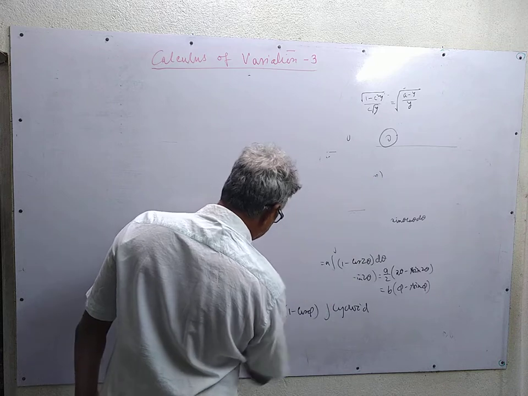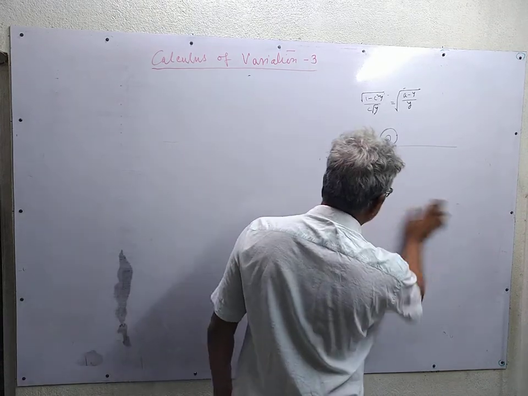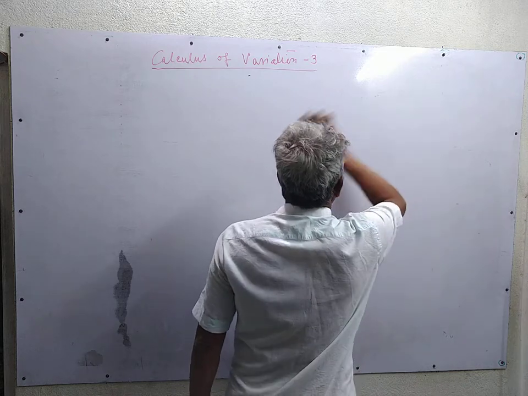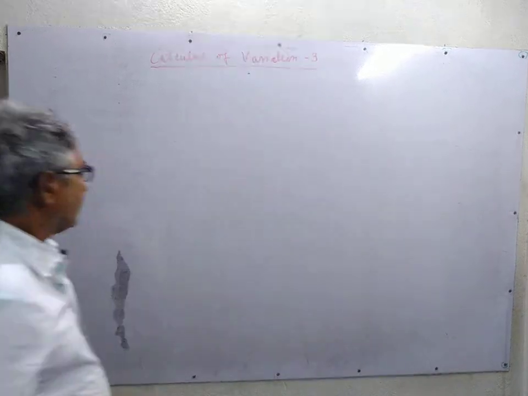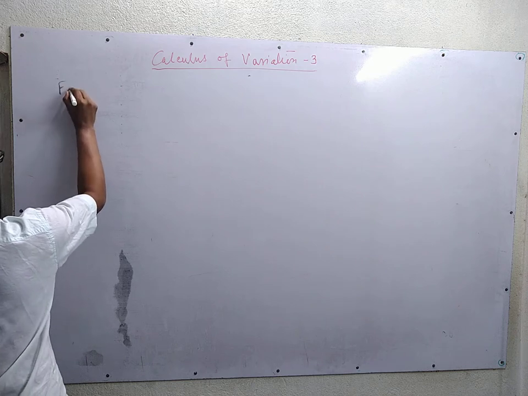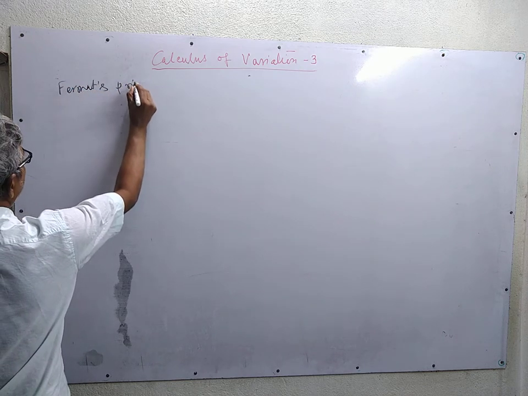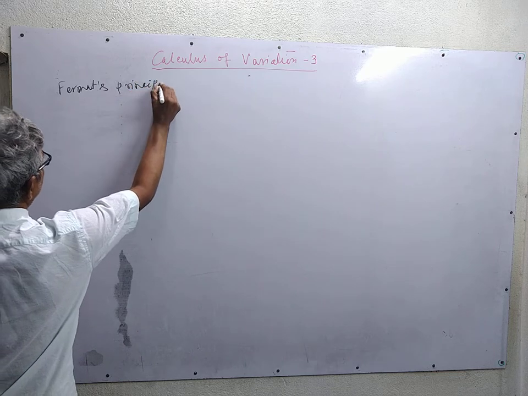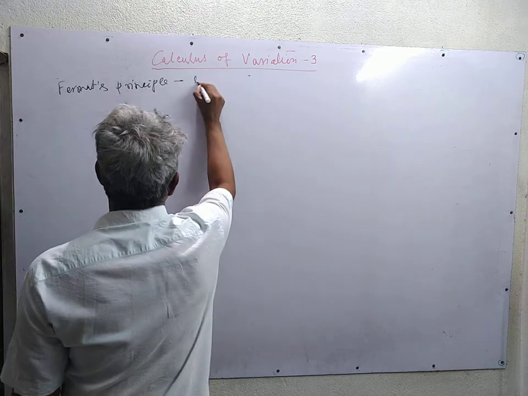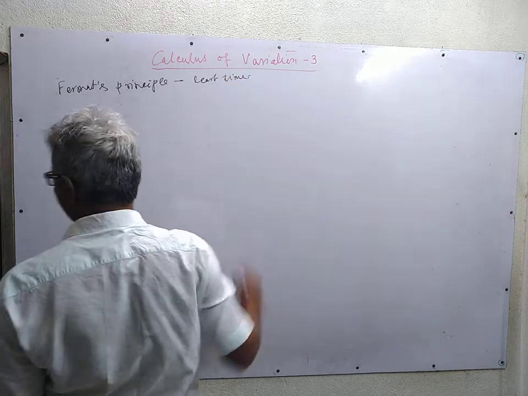In geometrical optics, as per Fermat's principle, the time taken by a ray of light when it passes from one point to another is a minimum. This is the principle of least time.